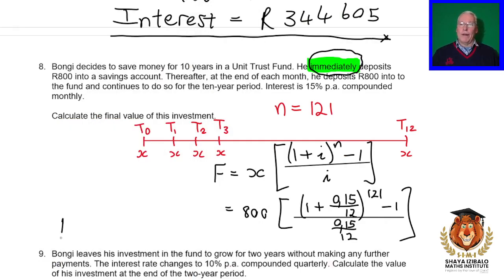So that's the final amount. Notice I'm leaving a space just to make the number easier to read: 223 725 and 82.